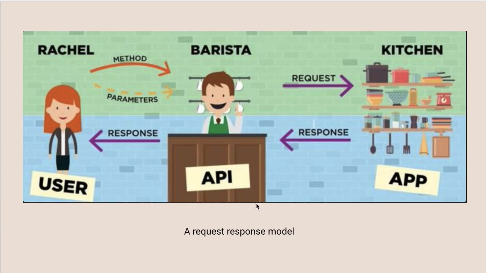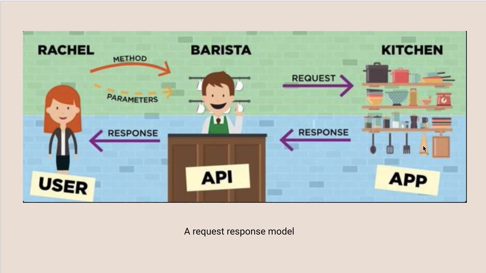That is the method that we see here, and she can tell what kind of sugar she wants. Maybe she wants to add caramel to her coffee. Maybe she wants to add some chocolate chips to her coffee. We never know. It's their choice. So the barista takes the order and requests it to the kitchen. The kitchen is where the actual processing happens, but the user will only interact with the barista, which is the API.